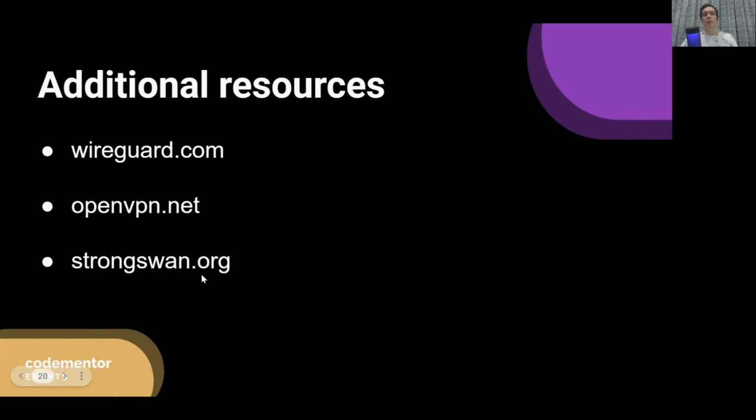And StrongSwan, I added it because it's just the best possible software client for IPsec if you need that for your Linux. Usually when you connect to third parties, exchanges, remote infrastructures of some kind, or businesses, you're given IPsec.